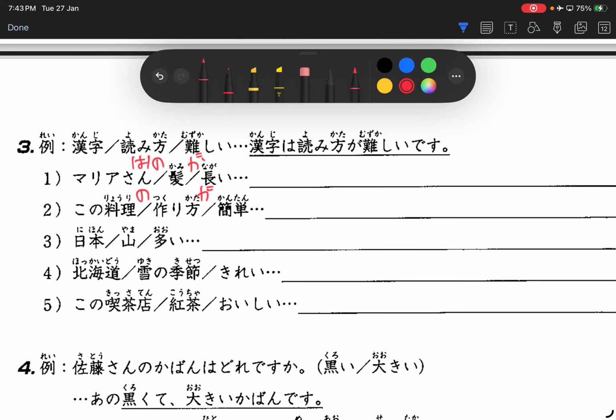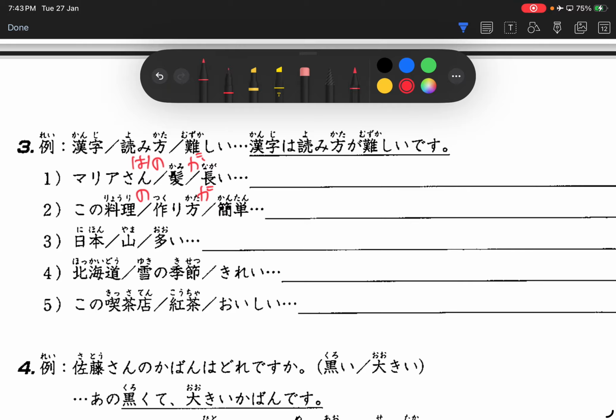Is it supposed to be eat or something else? Supposed to be に but we haven't learned this particle yet. Okay, we give the simple one. I think the sentence is okay, but we give the simpler one, okay? この料理の作り方が簡単です。Okay, good try, good effort.